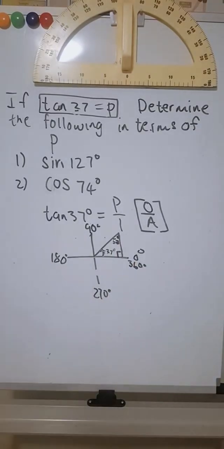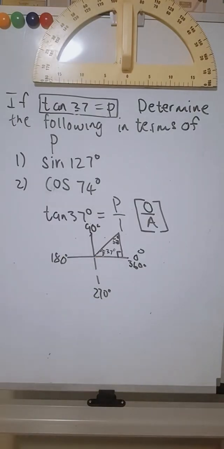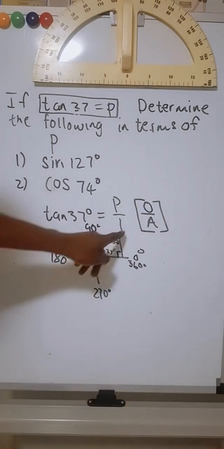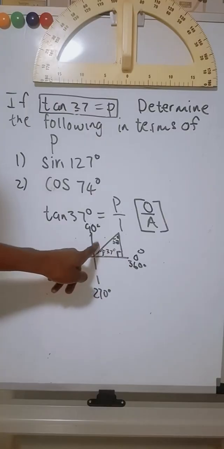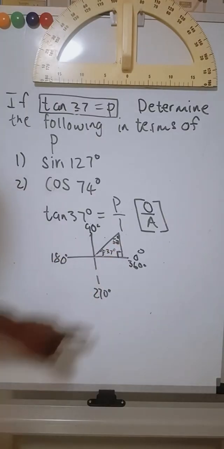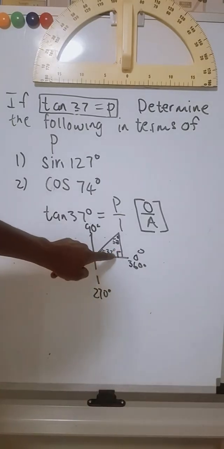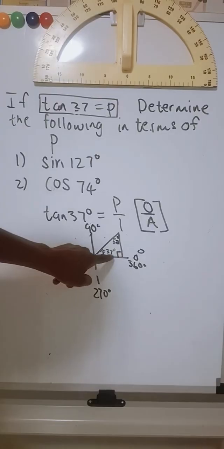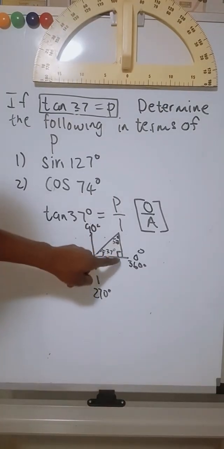So the angle 37 degrees is located in the first quadrant. It's an acute angle, between 0 and 90. So I'm going to sketch a right angle triangle with a terminal arm at 37 degrees. That is 90. Then 90 plus 37 gives 127, plus 53 gives you 180. So all of our angles are there: 37 degrees, 53, and 90.